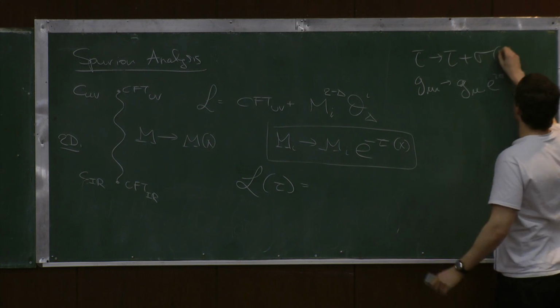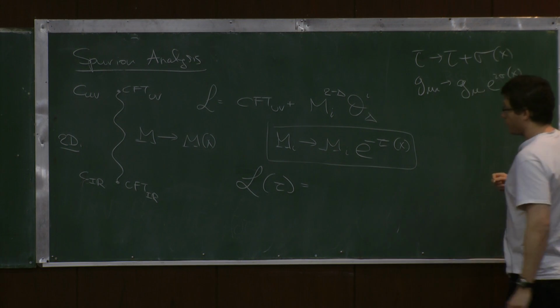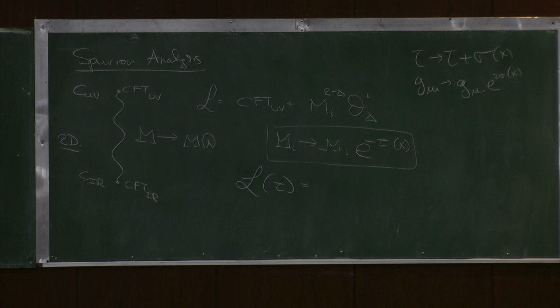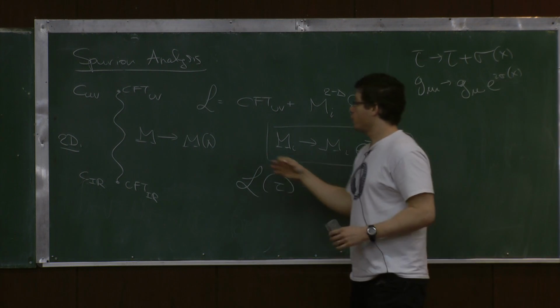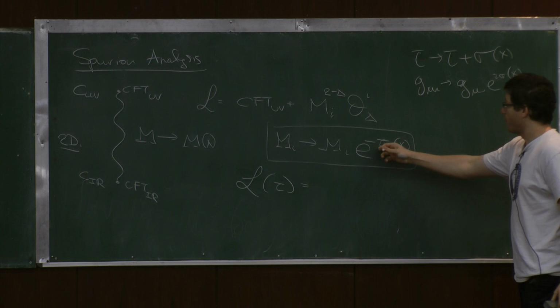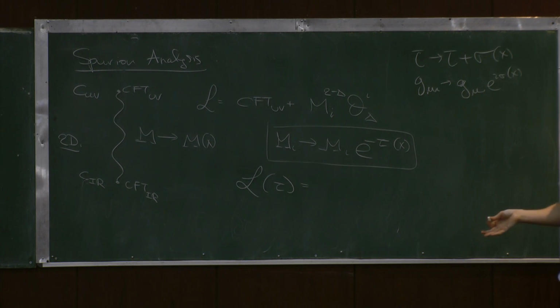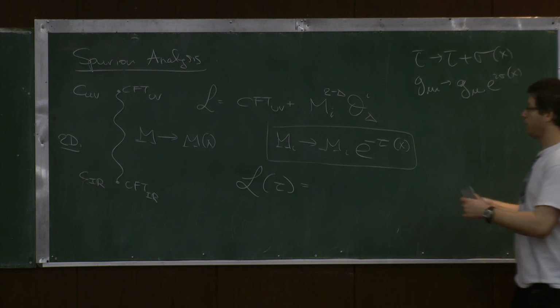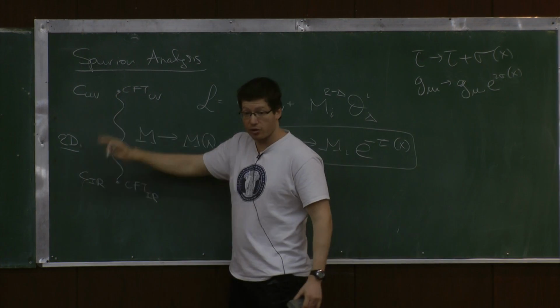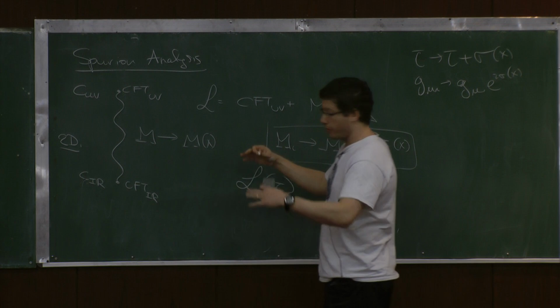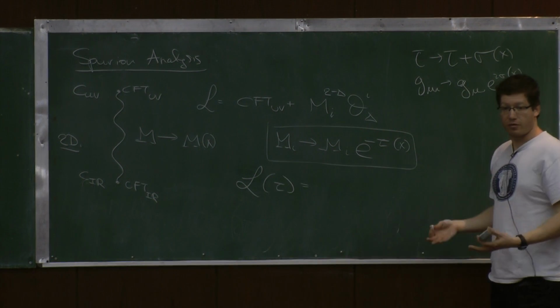Tau goes to tau plus sigma. So this is how I restore conformal invariance. Or in other words, you do a conformal transformation. You accompany this conformal transformation by a shift of tau with this Weyl factor, and then conformal symmetry is restored by definition. Because the only thing that violates conformal symmetry, forgetting about the anomalies for a second, are the masses. So if you rescale the masses, you restore conformal symmetry.